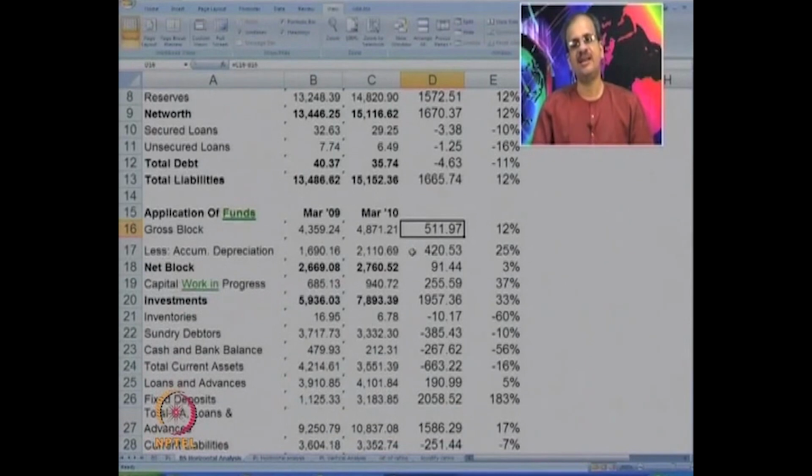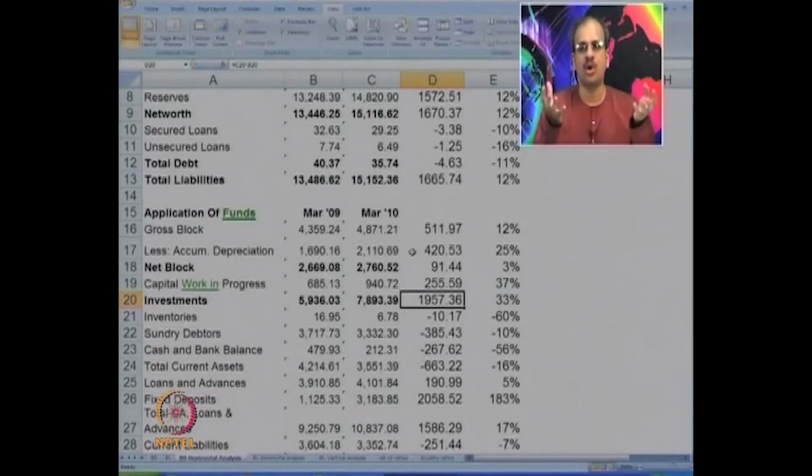So you will realize that again there is a 12% increase in the gross block. The depreciation provision has increased much more. So net block has increased only by 3%. Capital work in progress has increased by 255. It's a significant increase in percentage terms. You can also see investments have gone up by 1957, which is 33%.